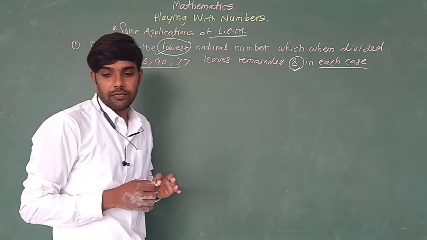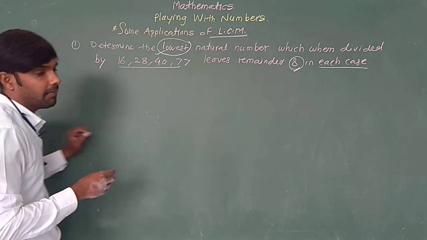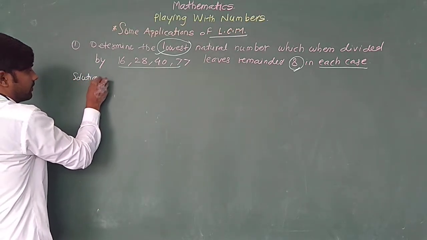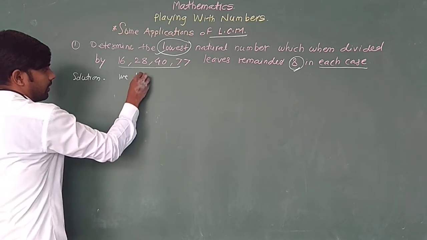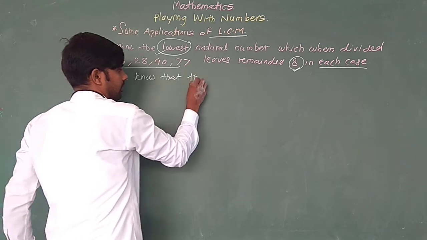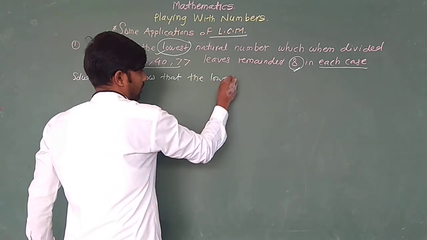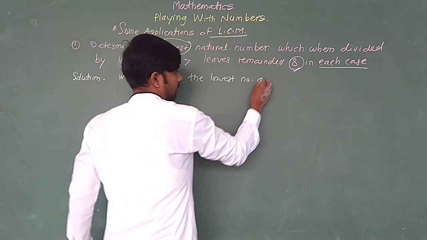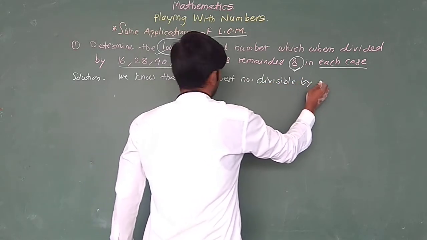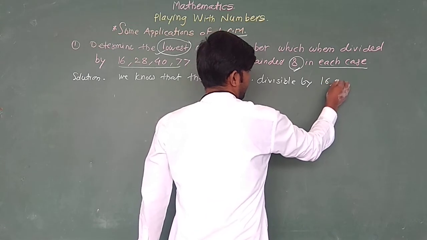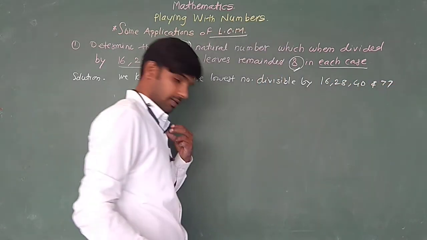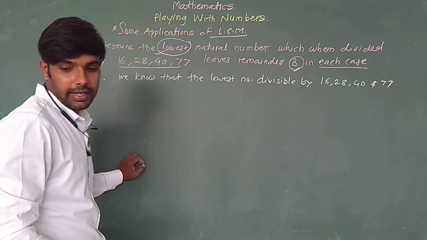So write down solution. We know that the lowest number divisible by 16, 28, 40 and 77 is their LCM.